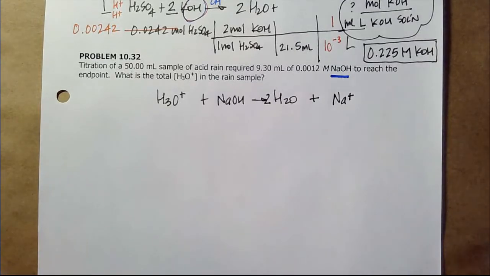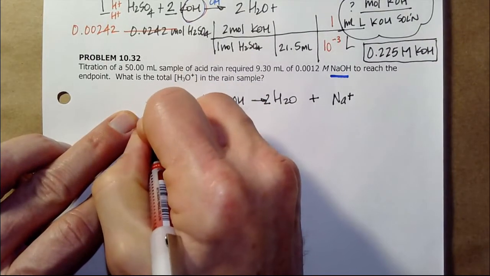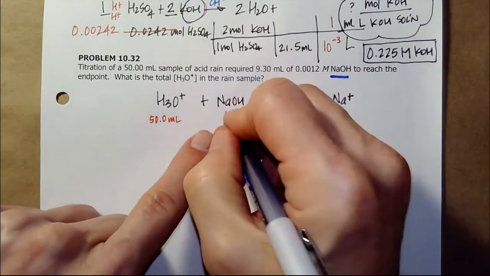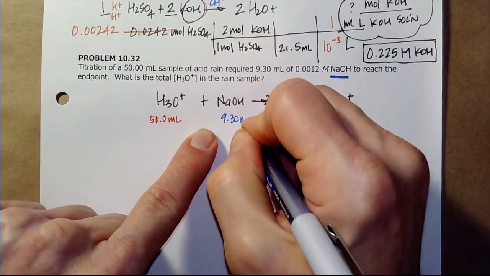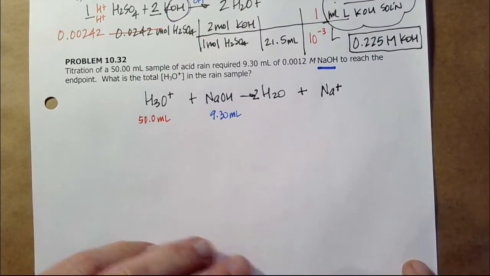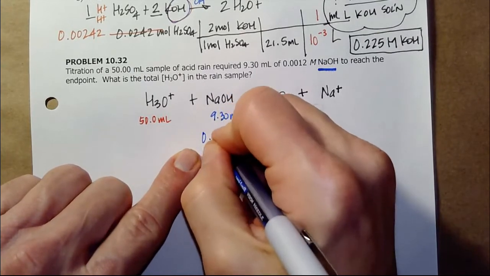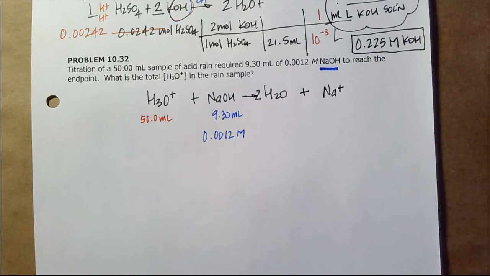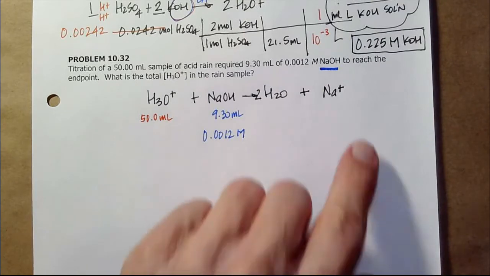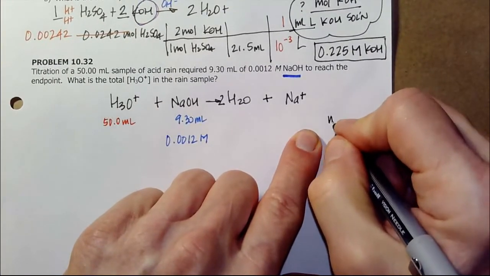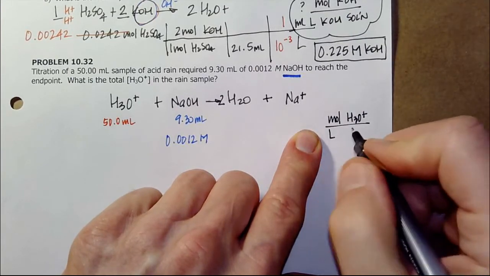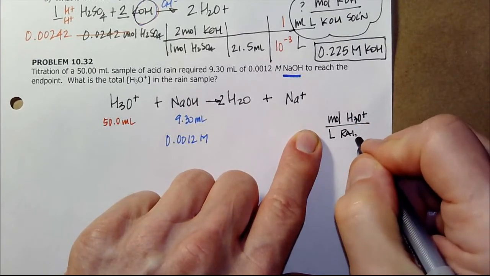So I've got 50 milliliters of the acid rain solution, 9.30 milliliters of the sodium hydroxide solution, and I know its concentration, not very concentrated. So what I'm trying to get to, of course, is, you'll remember that brackets around the H3O plus means molarity, moles H3O plus per liter of rainwater solution.